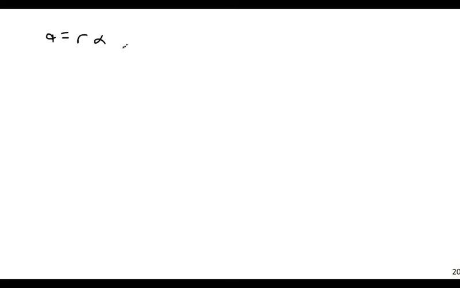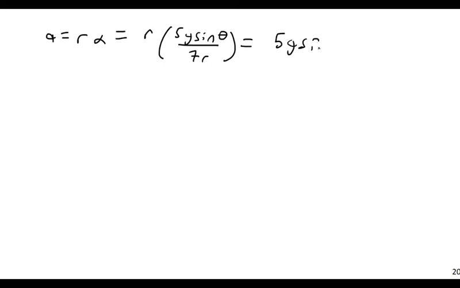So if I substitute in alpha, I get R times 5G sine of theta over 7R, and this is then equal to simply 5G sine theta divided by 7. Hey, look at that. That's the acceleration. Isn't that kind of cool?